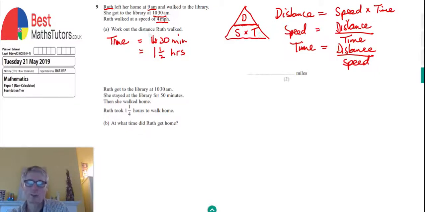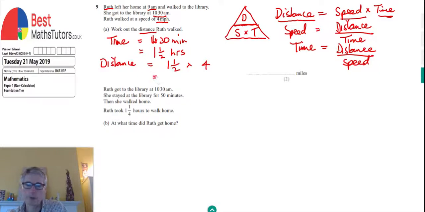And we want to know the distance that she's gone. So we can use this formula here, that distance is given by speed times time. So in other words, all I'm needing to do for the distance is to say that the distance is equal to the time, which is 1.5, times by the speed, which is 4.